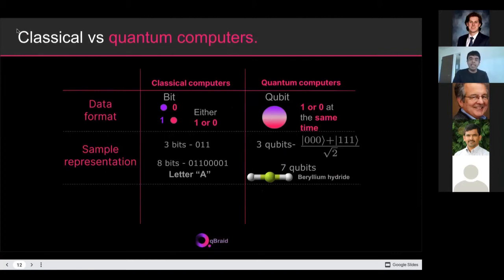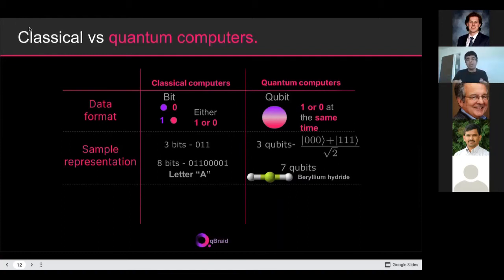But what's fascinating is the behavior when you move on to multiple bits or multiple qubits. So the property of superposition, which enables a qubit to be in the state 0 and 1 at the same time, applies even when you're considering states of 3 qubits or more. Let's say 3 qubits. Then the possible states in 3 bits, for example, are 000, 001, 010, and so on.